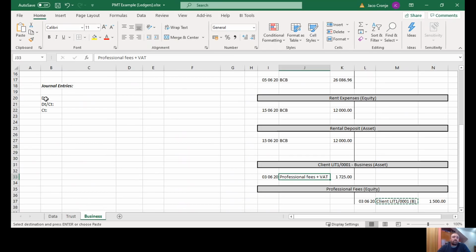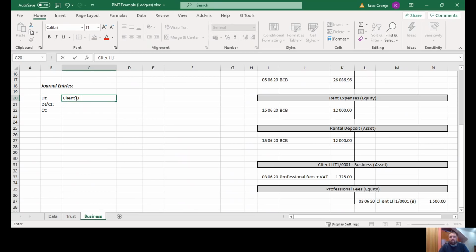So now to do the journal entry is very simple. What did I debit? I debited client LIT1 business with 1,725. What did I credit? I credited professional fees with 1,500.